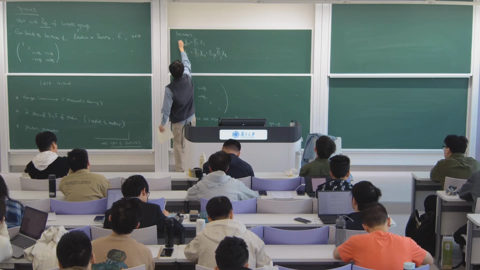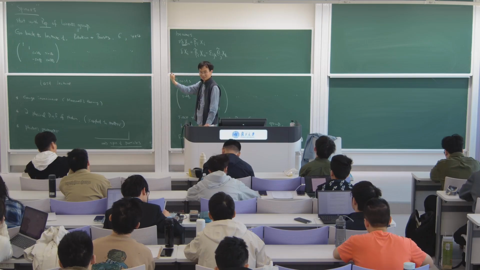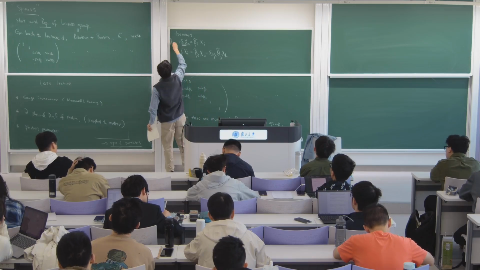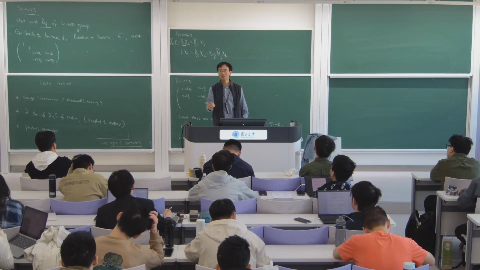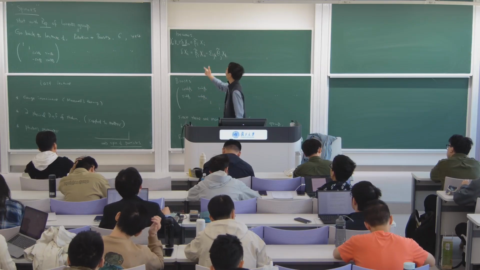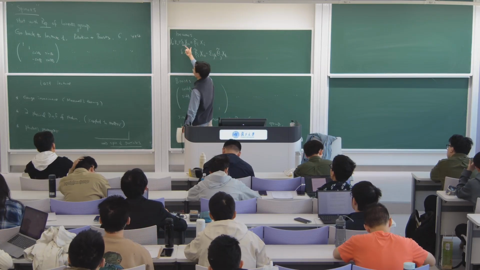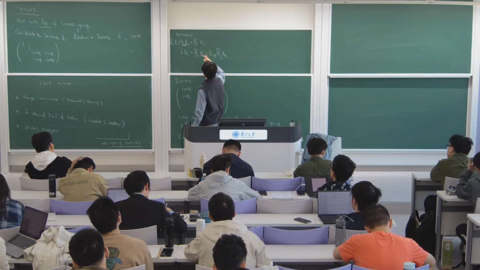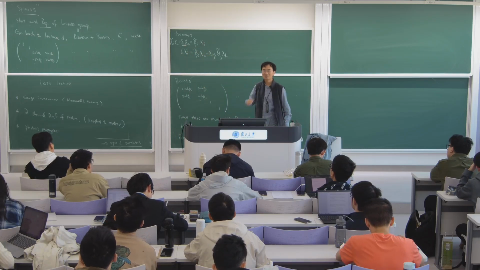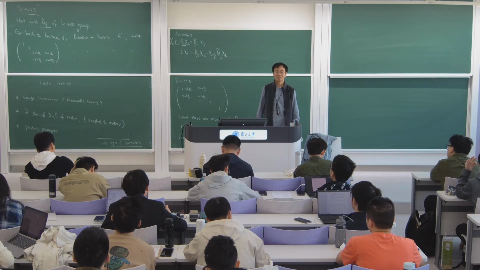But this delta should be defined as x naught prime minus x naught, right? Prime means after transformation. This is before transformation. So this defines the delta. The point is, this can be expressed in terms of x itself, with some linear coefficient.